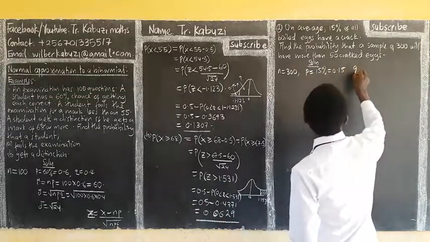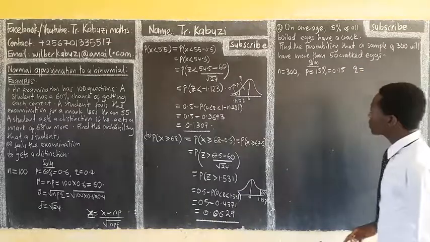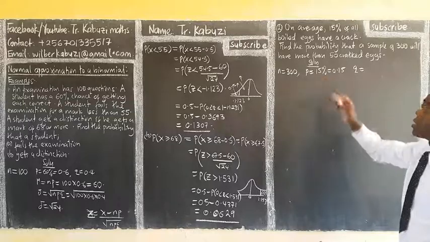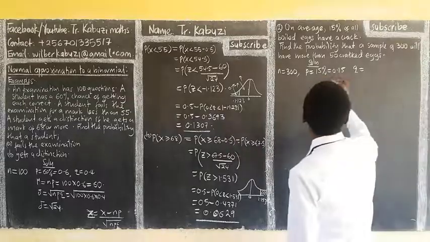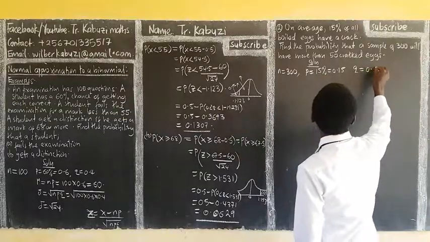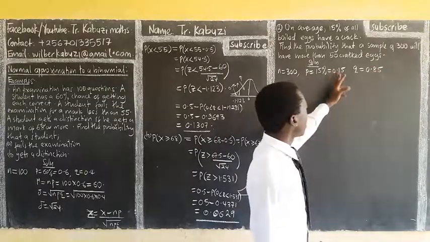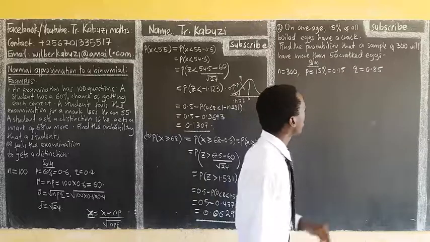Then our probability of failure will be when we don't have a crack, so you get 1 minus 0.15, which is 0.85.